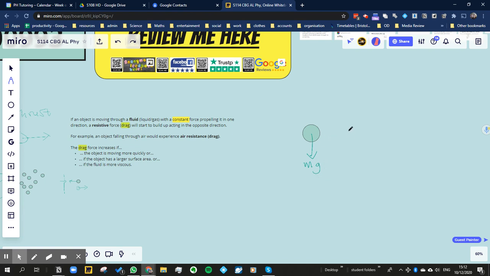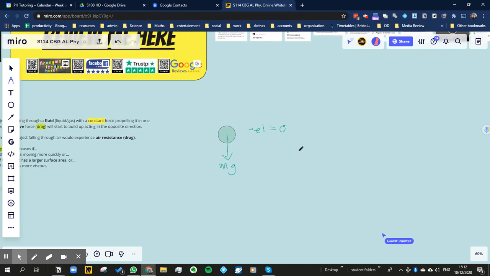Now at the beginning the velocity is 0. It's about to start moving. It hasn't actually started moving yet. So the resultant force, the total force, we're going to put Ft for the total force, is just equal to mg.